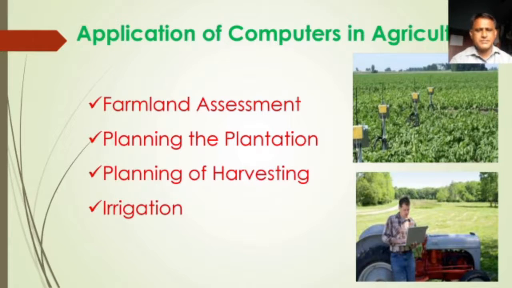The plantation can be planned by using the computer, and also the harvesting of the crops can be done, and it can also assist in irrigation. So this is how agriculture can use the computer to carry out its job.